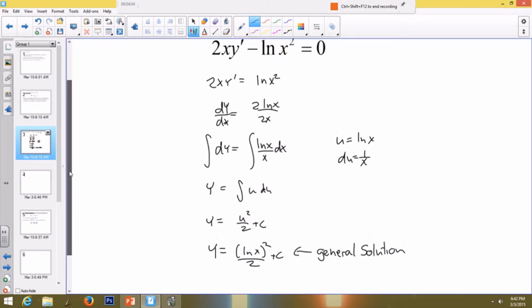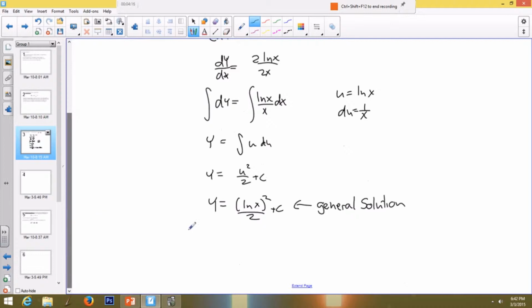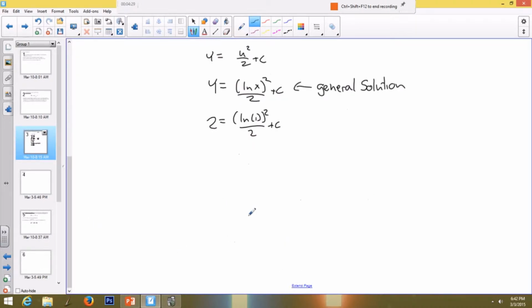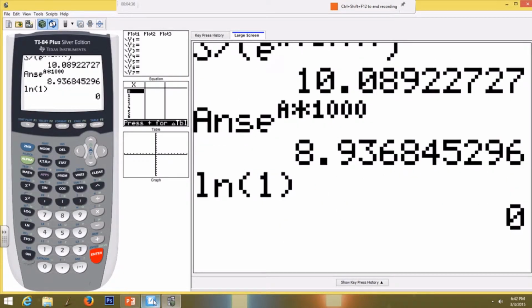And they tell us here that when I plug in 1 for x, I get 2 out. Well, okay. I need to figure out what c is to get my specific solution. So if I plug in 1 here, I get the ln of 1, that quantity squared all over 2 plus some constant c. Well, we all know the ln of 1 is 0.